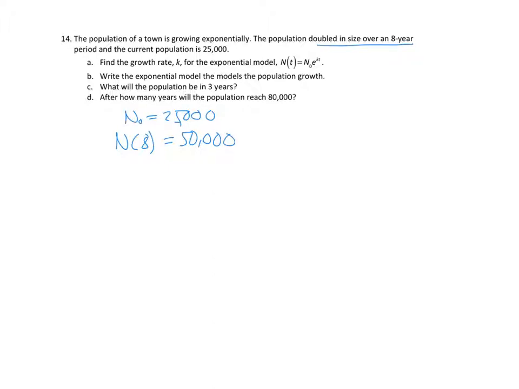So to find the value of k in part A, N of t is equal to 50,000, which is twice the initial or current amount of 25,000, and that will be the relationship after 8 years. So we're going to plug in 8 for t. And the only thing that is a variable is the k. So now we're going to solve for k. To do that, first we want to isolate our exponential. So I'm going to divide both sides by 25,000.